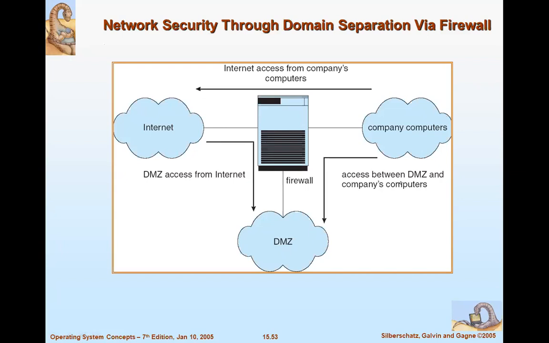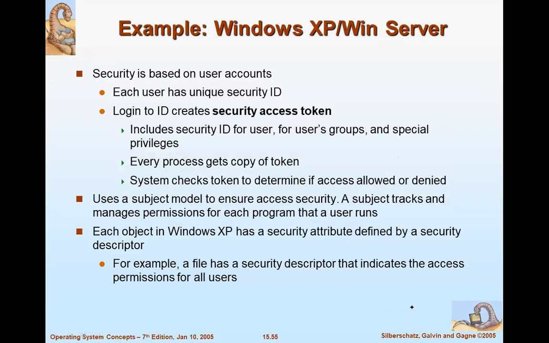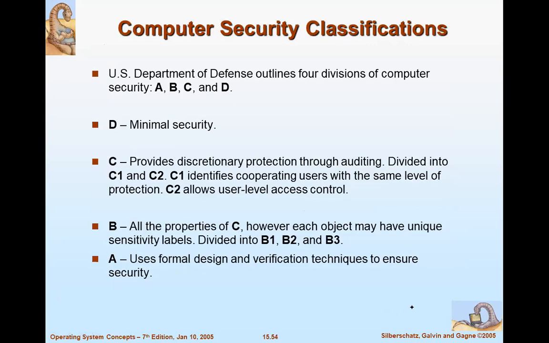The access between the DMZ and the company computer is given here, and the DMZ access from the internet is here. So first the request or query will come to the DMZ, then it will be verified, whether it is from an attacker or from a user, and once the verification is done, it will be forwarded to the next node.